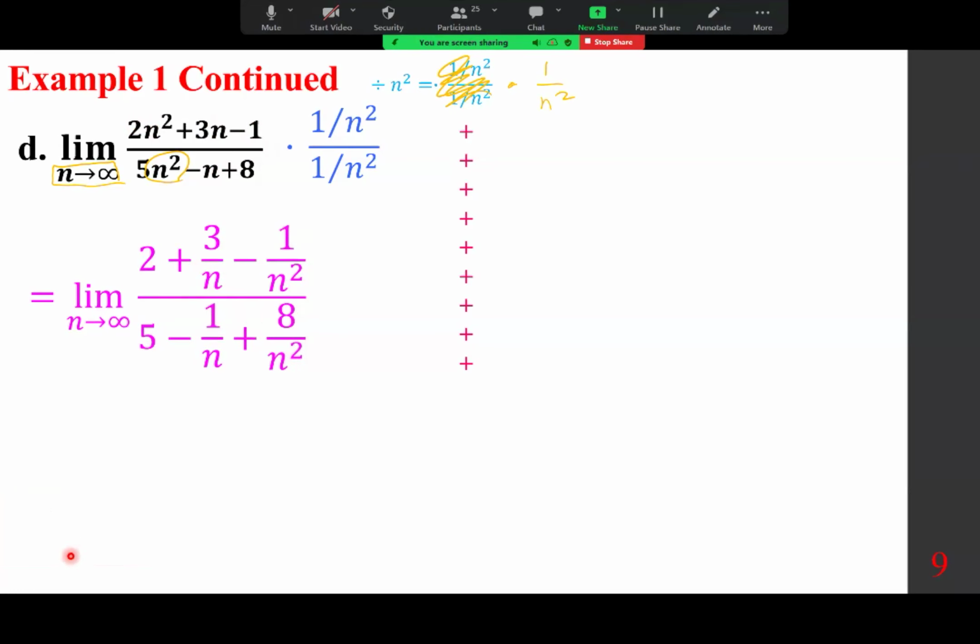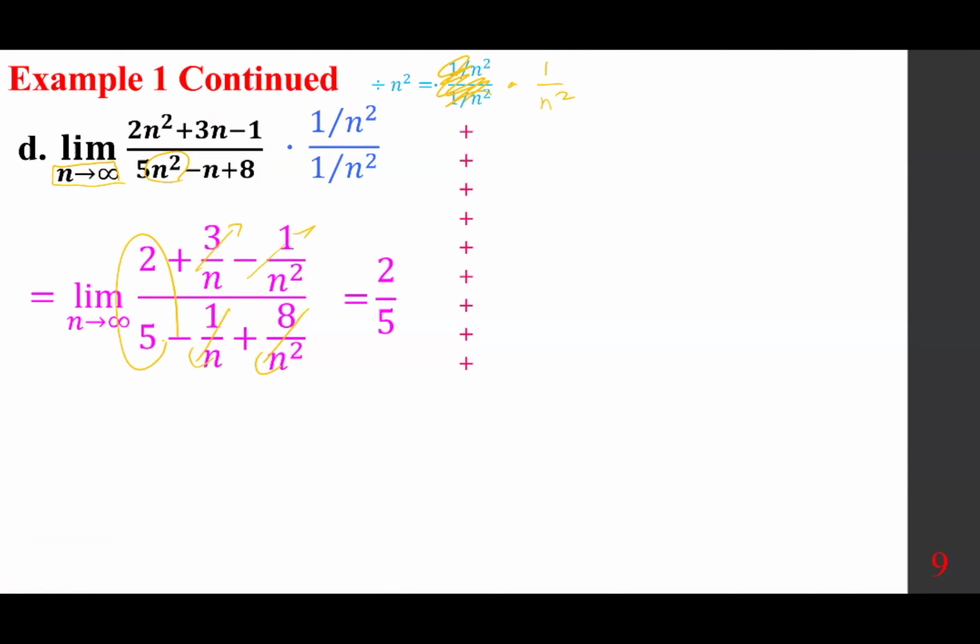And I hope you see that all of these terms go to 0 except 2 and 5. The final answer is 2 over 5. Okay, so very straightforward, everybody.